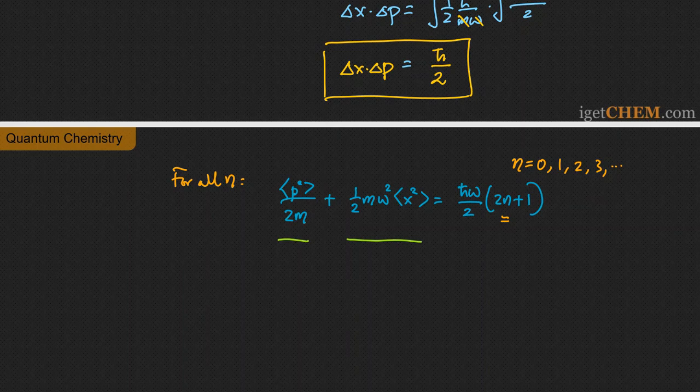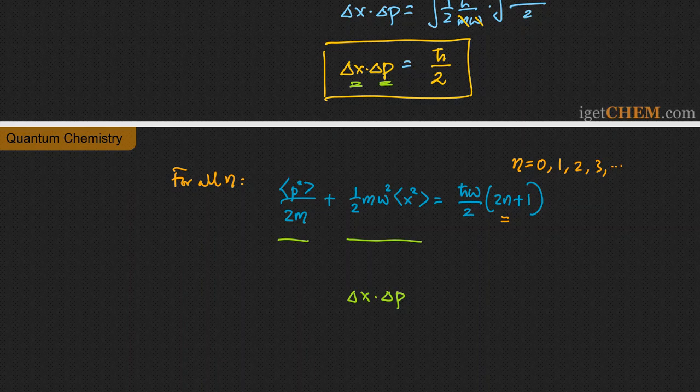And so what that means is if you calculate delta x and delta p for the higher eigenfunctions, they will also be bigger. So for the higher energy eigenstates, the product delta x multiplied by delta p will actually grow. So it's no longer just h bar over 2, it's going to be bigger than that.